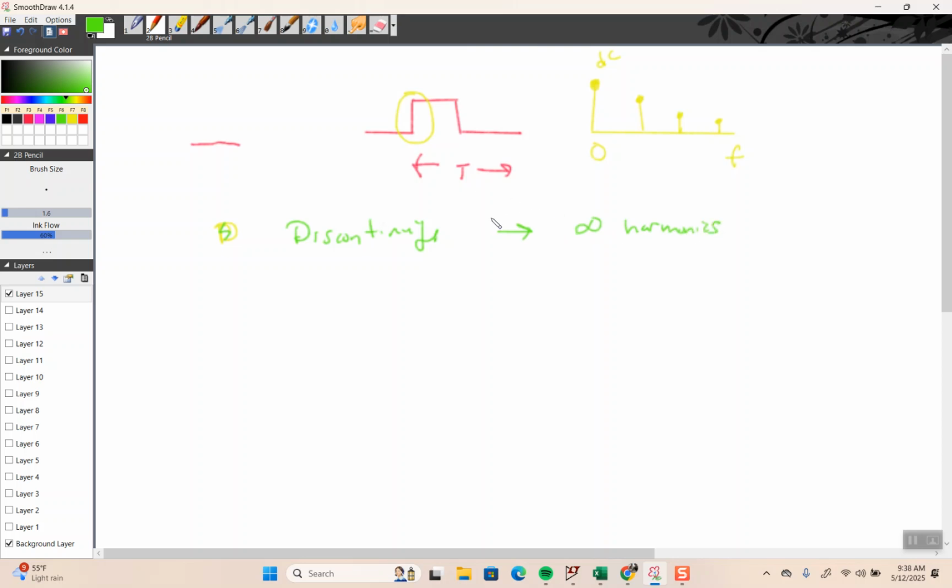That's still not quite right, although it's true, right, that's discontinuous, right?